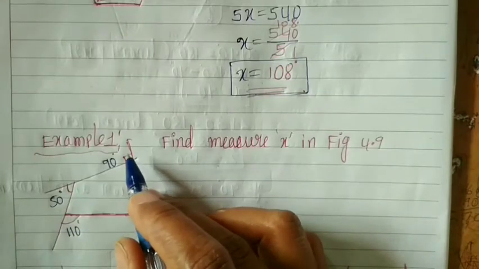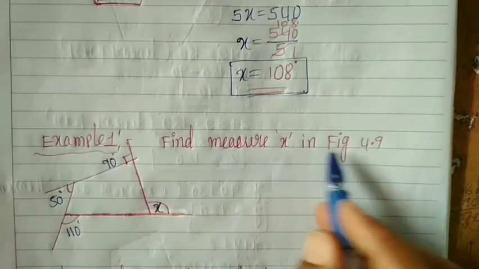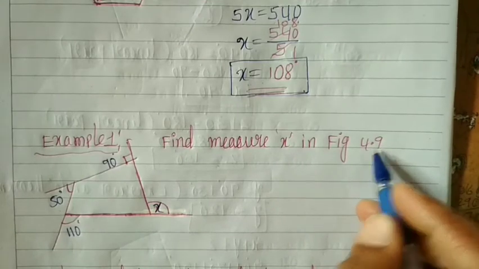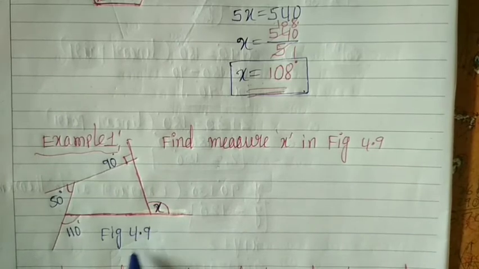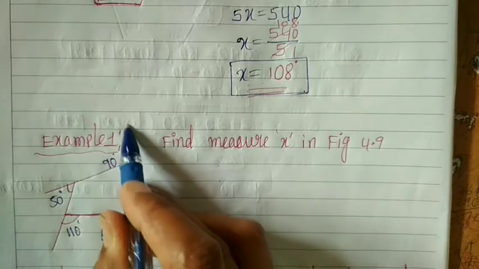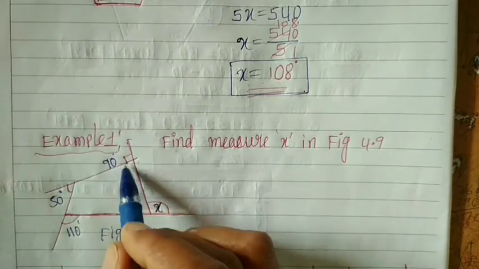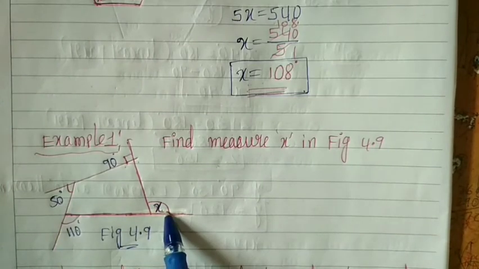Example 1. Find the measure of x in figure 4.9. Here we have 110 degrees, x, 90 degrees, the angle is straight, 90 degrees, 50 degrees. Find the value of x.